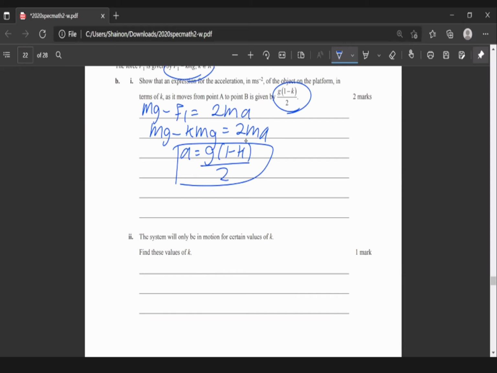For it to be in motion, acceleration has to be greater than 0. So g(1 minus k) over 2 has to be greater than 0. Then k is going to be smaller than 1 but greater than 0.